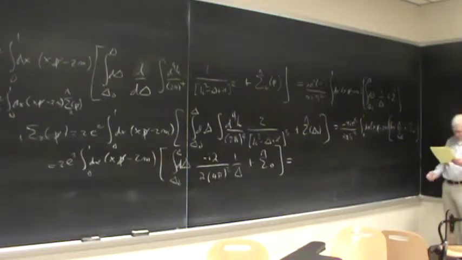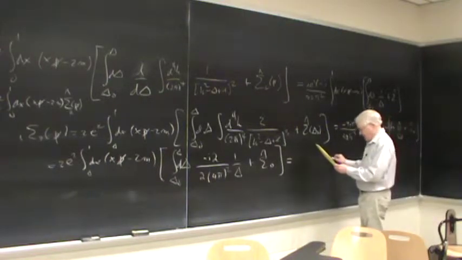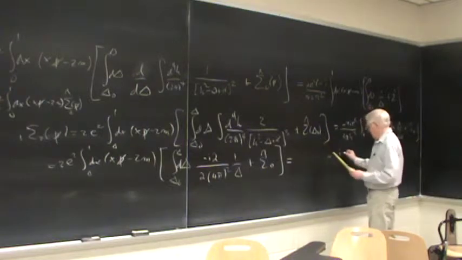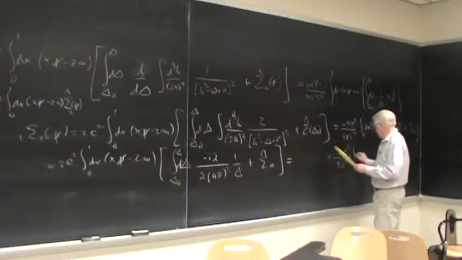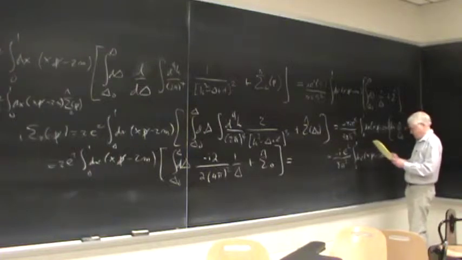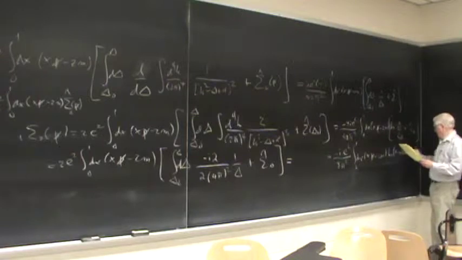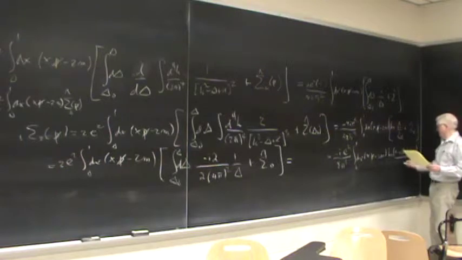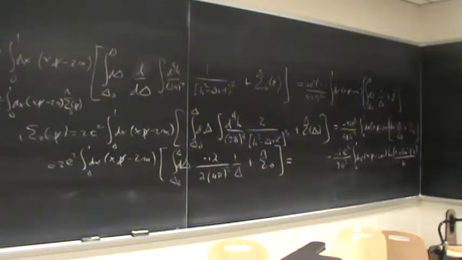Okay, well, canceling some simple integers, this is minus i e squared over 8 pi squared, 0 to 1 dx x p-slash minus 2m log 1 minus x m squared minus p squared x, and I'm going to absorb these two things together and just call it u squared. So that's the expression I get.